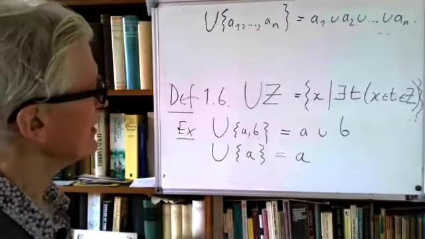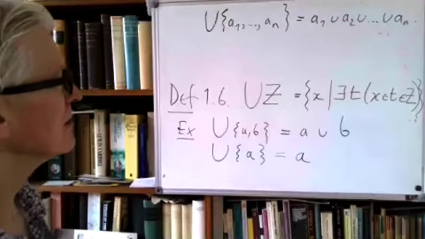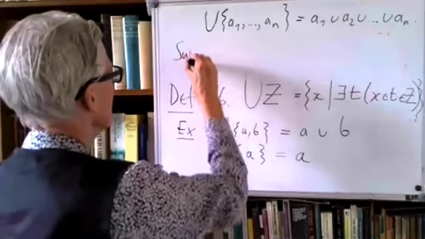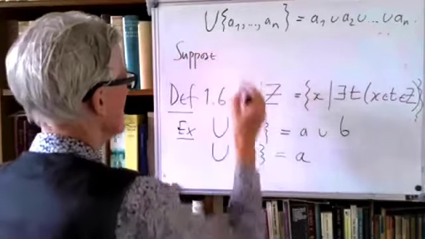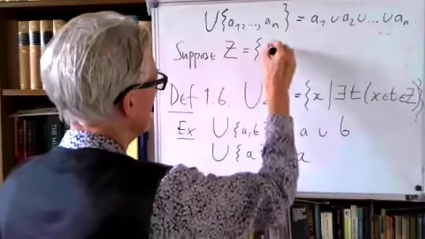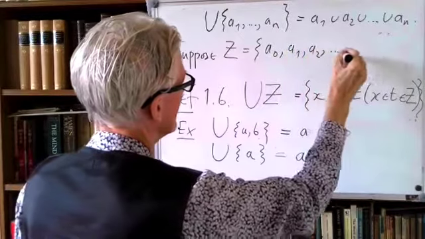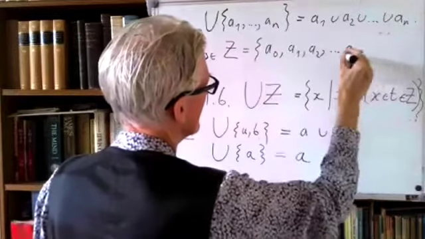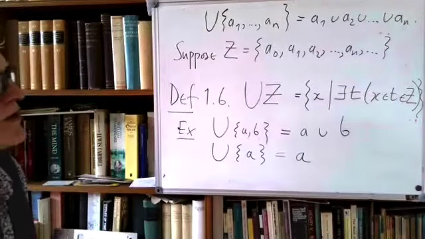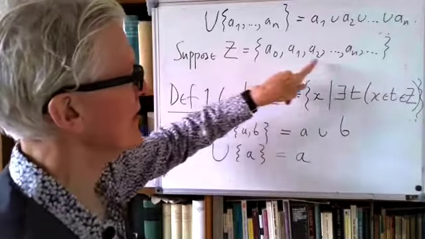But we can also take here perhaps an infinite collection of things. Suppose Z is this.